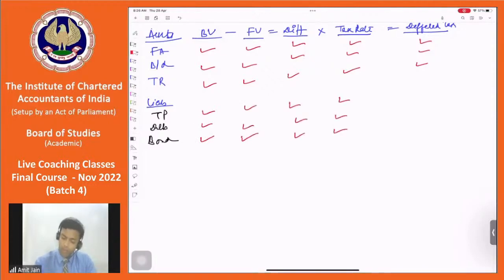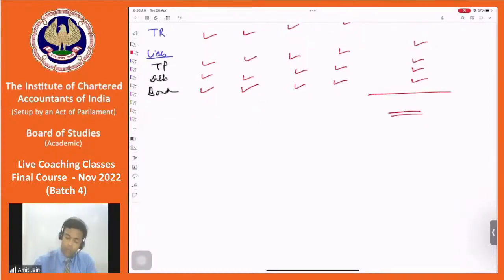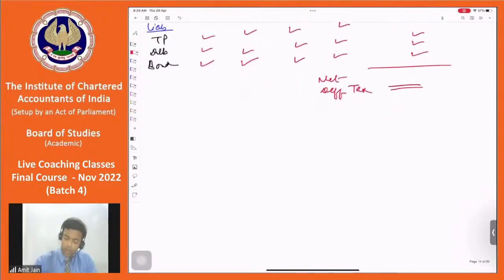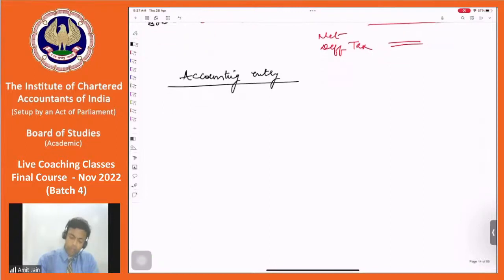This is how we will compute deferred tax asset or deferred tax liability. This will be net deferred tax. Accounting entry: goodwill debit to deferred tax liability.